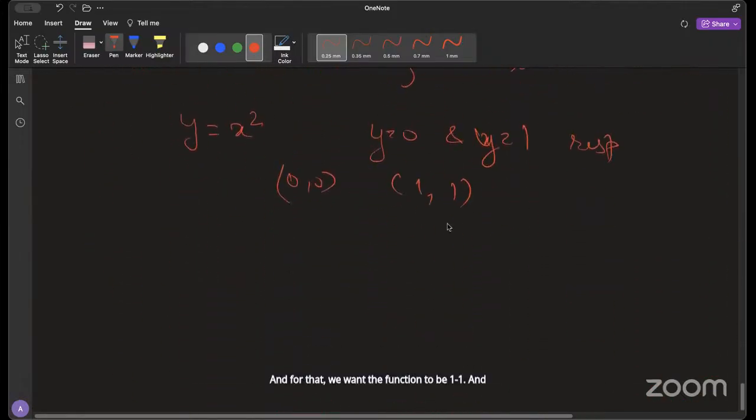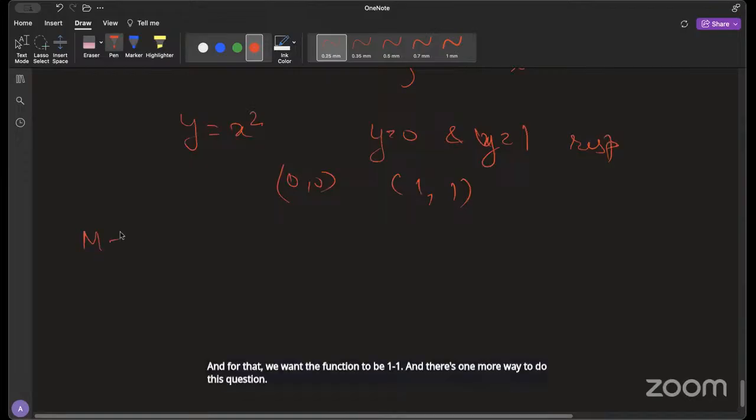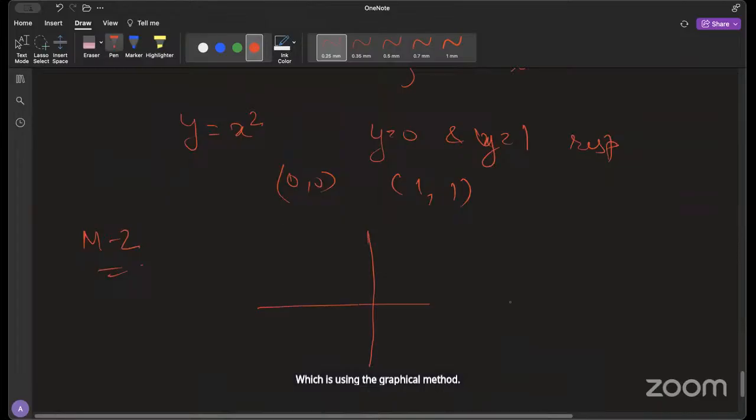And there's one more way to do this question, which is using the graphical method. This is the graph of y equals x square for 0 to infinity only, just considering this domain, not the other side.